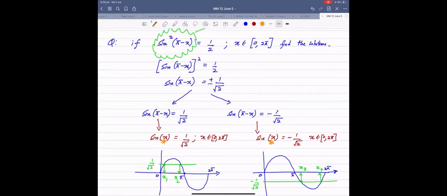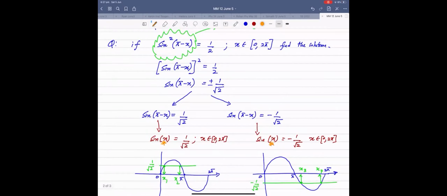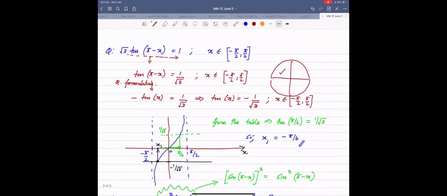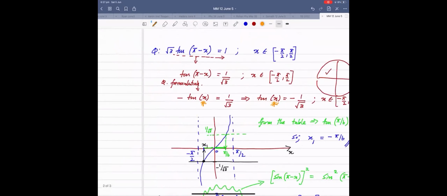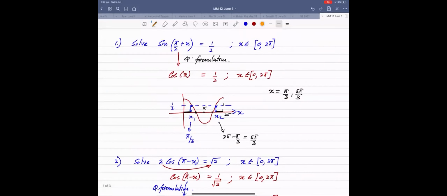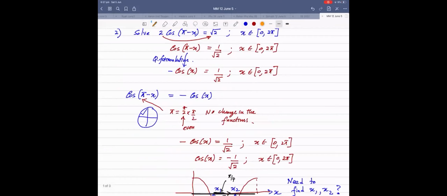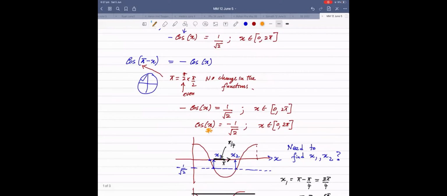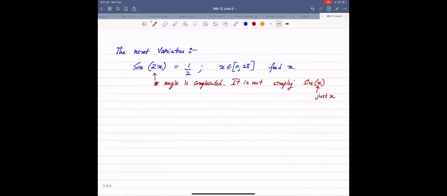But end form is very simple. It's just sin x. No complicated angle inside. See, even in this question, tan x. Simple. See, cos x. Simple. Doesn't matter what you had, it's simple. You came to simple form. So that's why it is simple here. See, sin x is simple.